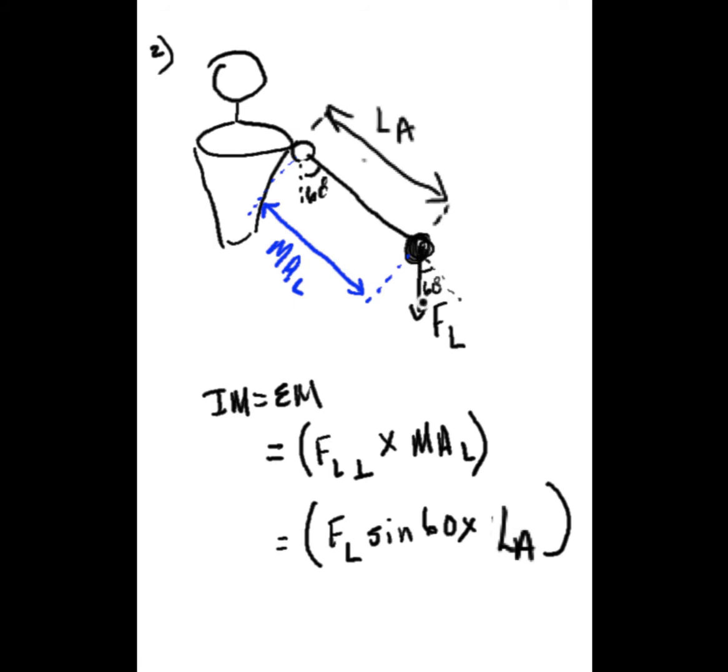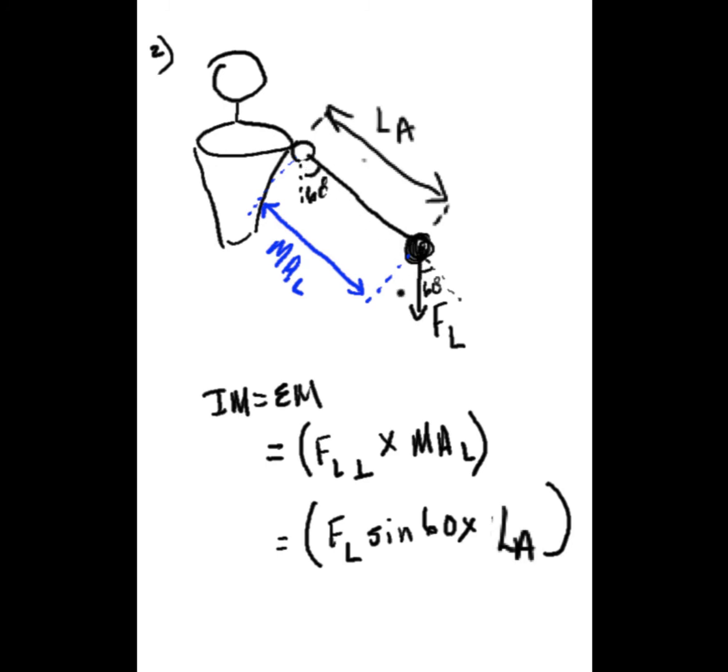So this force can be decomposed into forces acting along this segment up to the shoulder and also perpendicular to the segment. What's this force perpendicular to this segment? We know that this inside angle here is 60 degrees. So the force of the load times sine 60 equals the rotary component, the force that's perpendicular to this segment.